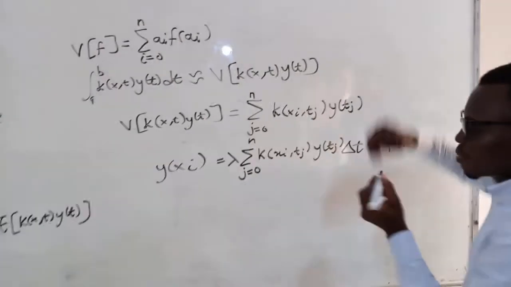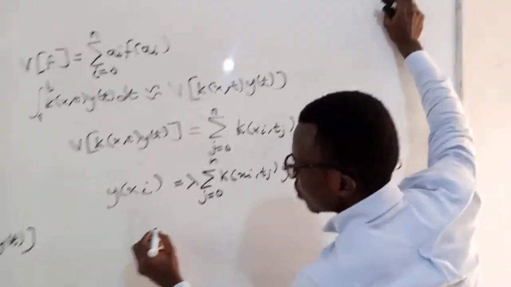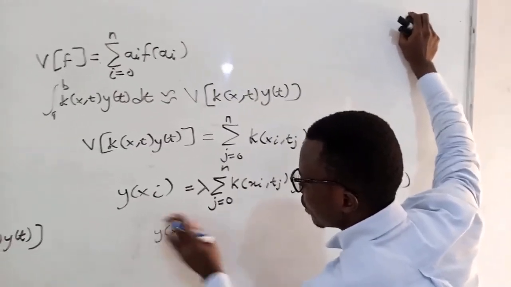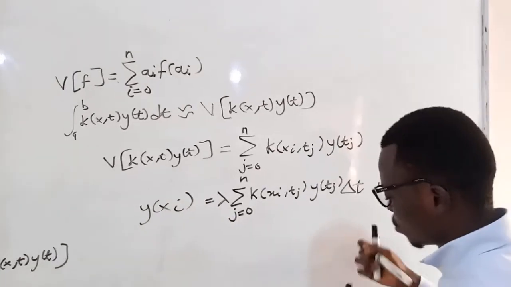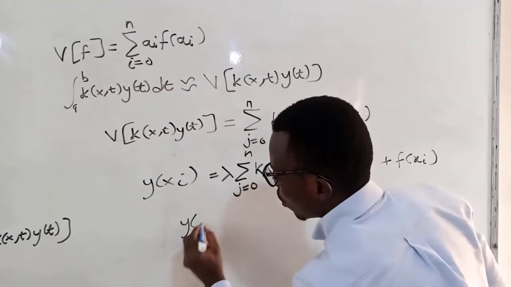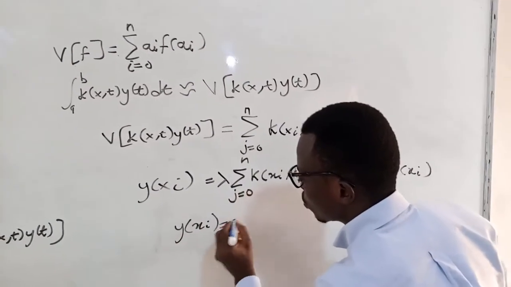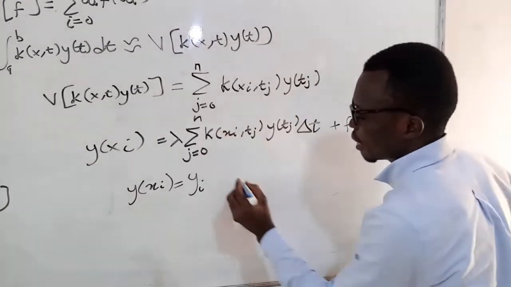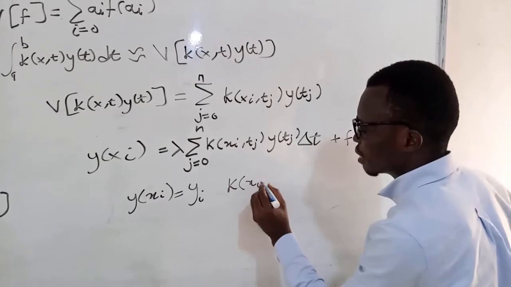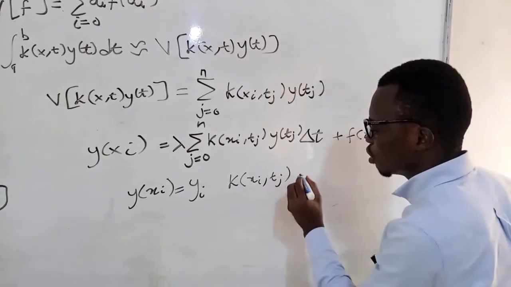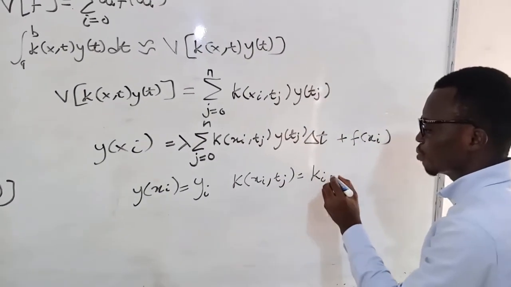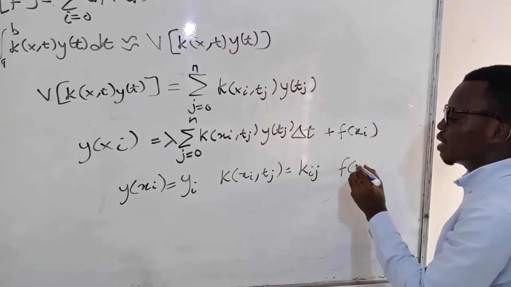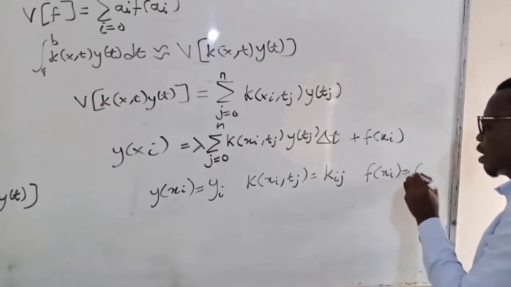So let y(s_i) be equal to y_i, k(s_i, t_j) be equal to k_ij, and f(s_i) be equal to f_i.